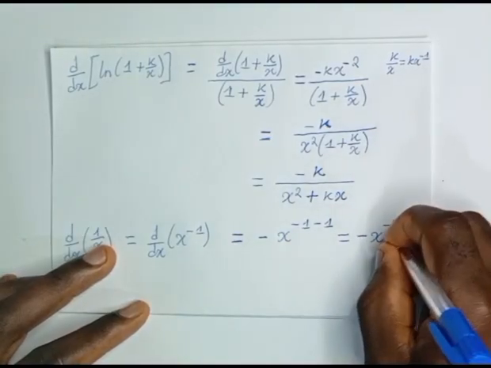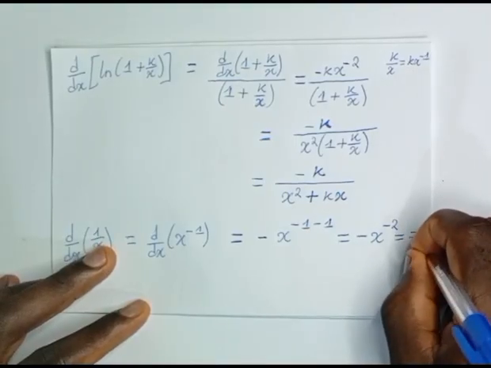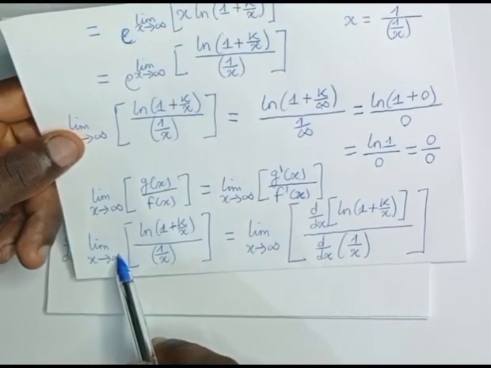And this is simply equal to negative 1 all over x squared. Knowing the derivative of the numerator and the derivative of the denominator, it is very easy for us to find this limit.